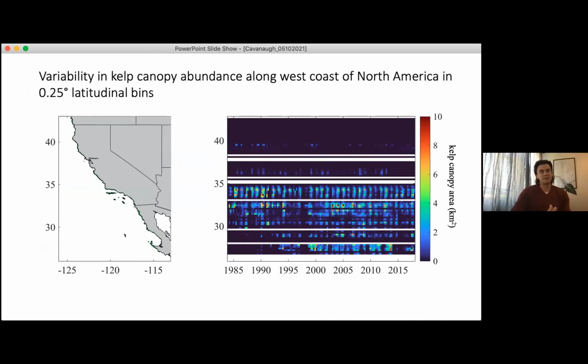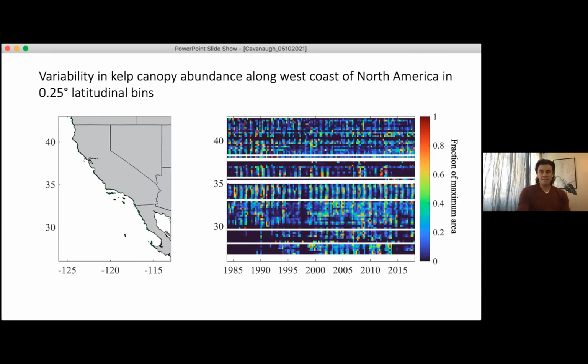Those Northern California beds tend to be more narrow. There's a steeper drop off with depth, and also bull kelp tends to be a little sparser on our imagery than giant kelp. Here I've normalized each bin by the fraction of maximum area during the time series, just so we can visualize trends within each bin a little bit easier.